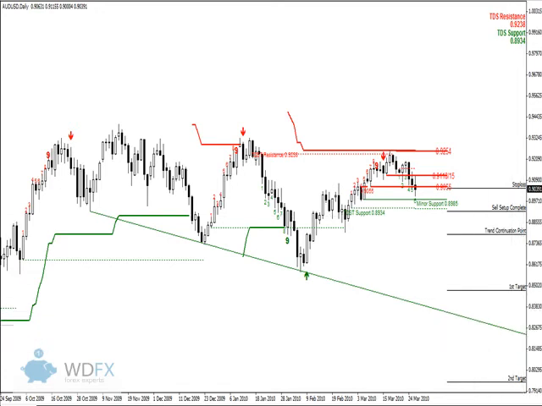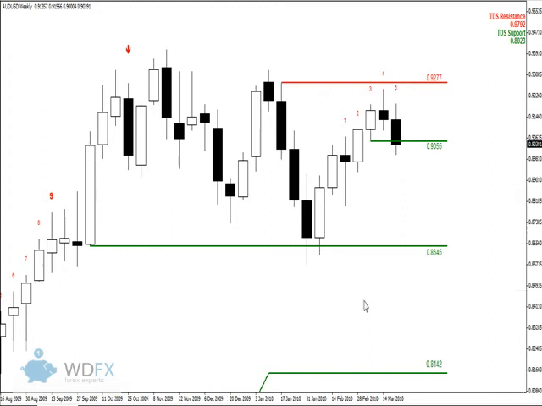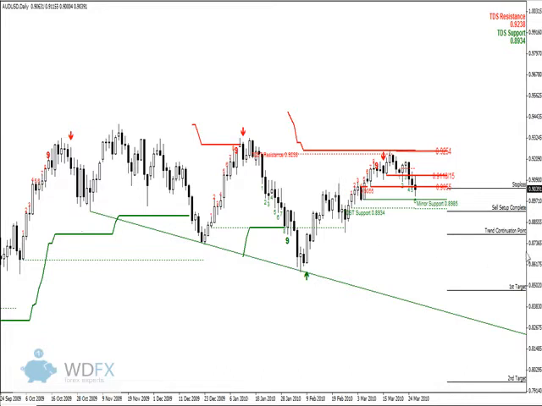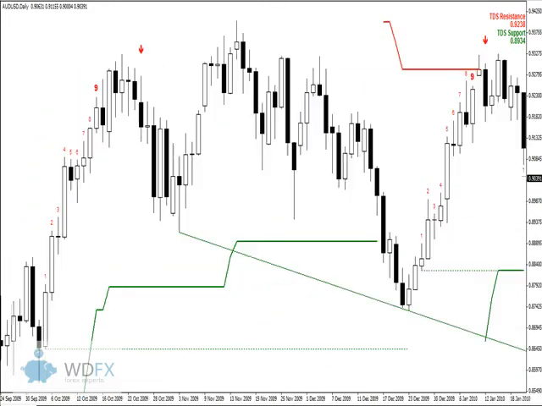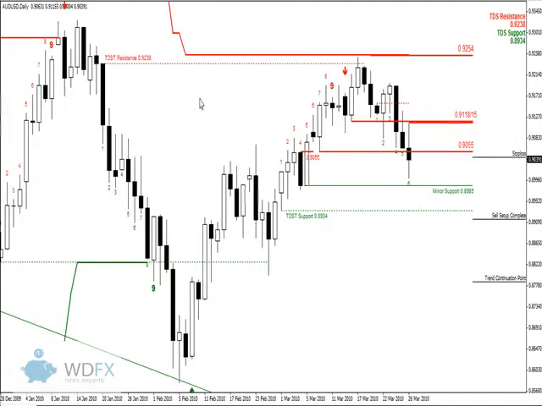And on the weekly, it's the BAT support level. So currently things are looking bearish, I would say, and the removal of this 90.55 is going to be pretty important.